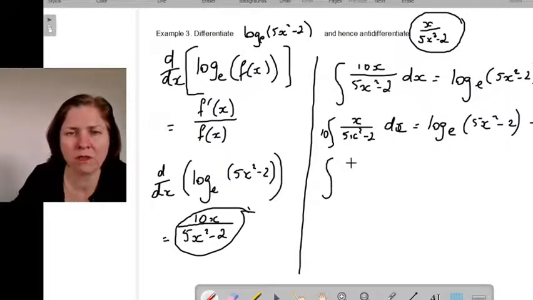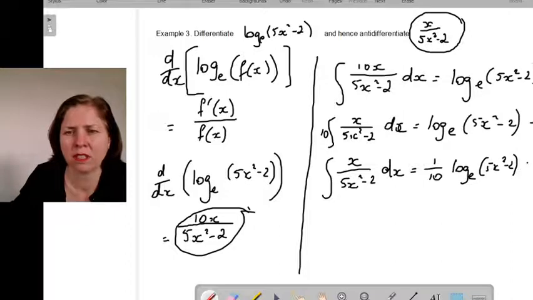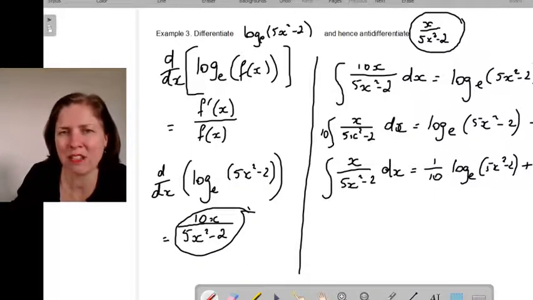So the antiderivative of x over 5x squared minus 2 dx is the right-hand side divided by 10. So 1 over 10 times log base e 5x squared minus 2 plus c. Again, you don't need to worry about manipulating your plus c's, making it divided by 10, etc. Because that plus c means my c can be anything. So it doesn't matter if I divide it by 10.